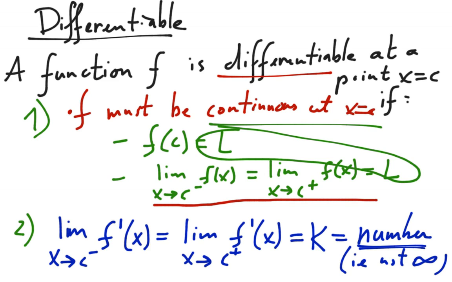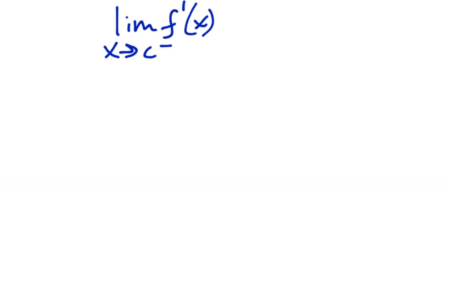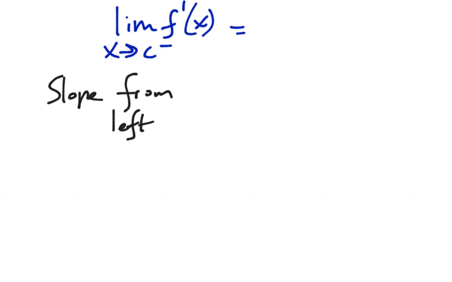Let's go ahead and break that down a little bit conceptually as to what that means. The first part of that definition was the limit as x approaches c from the left of f prime. And really, I say derivative, you think slope. This is the slope of the function from the left. And the rest of that definition was that the slope from the left had to equal the limit as x approached c from the plus side of f prime of x.